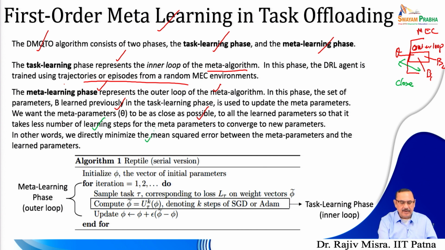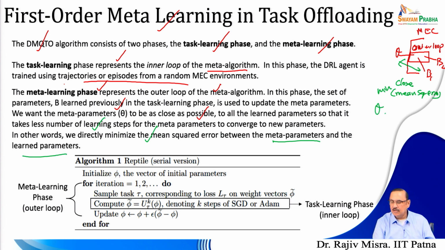In other words, we directly minimize the mean square error between the meta parameters and the learned parameters, that is theta and theta star.